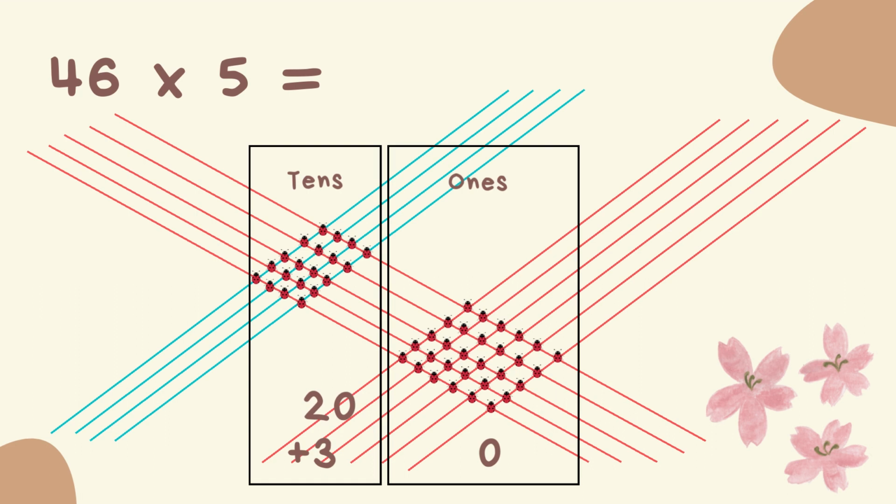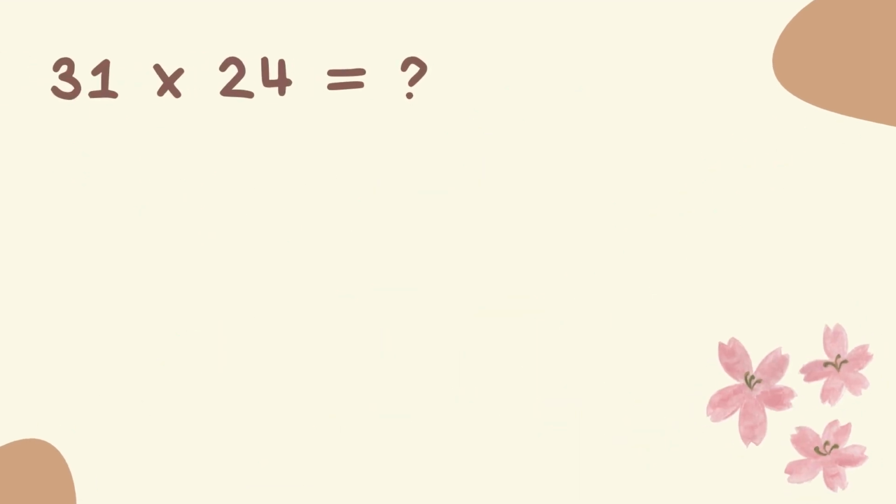We have 20 of them, but wait a minute, we moved 3 more from the ones box. So we have a total of 23 tens. We do not have any other ladybugs to count, so let's write our answer. It is 23 tens, or 230. I hope this was easy for you, but let's try a bit harder this time.